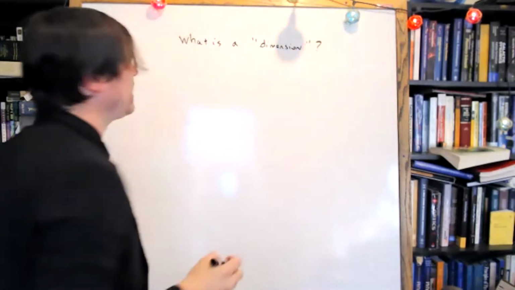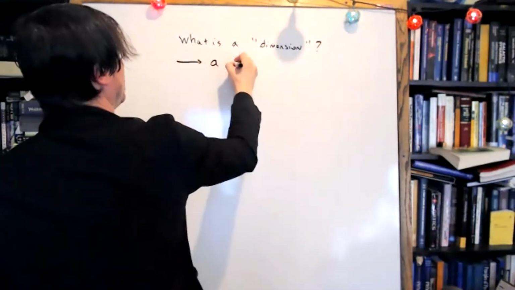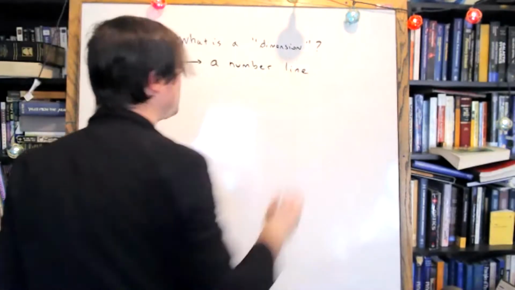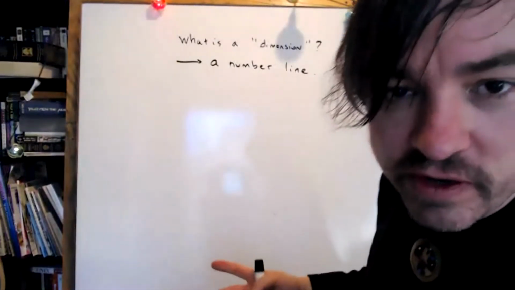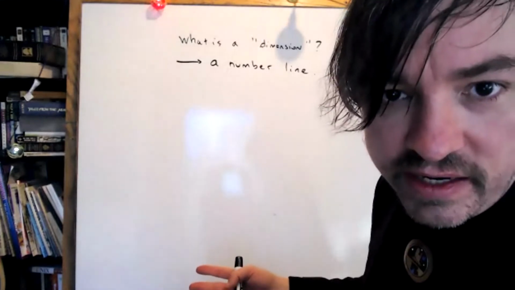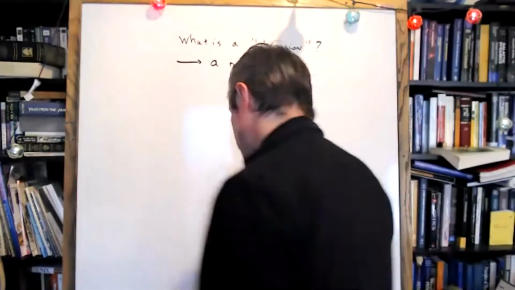Well, one way to look at it is it's just a number line, okay? I know not everyone here has had a lot of math experience, but I'm guessing everyone here had to take some basic math class where you learned about a number line. Is that correct? Okay.